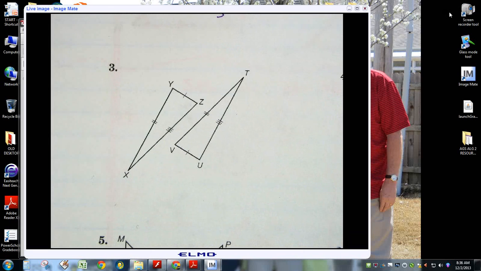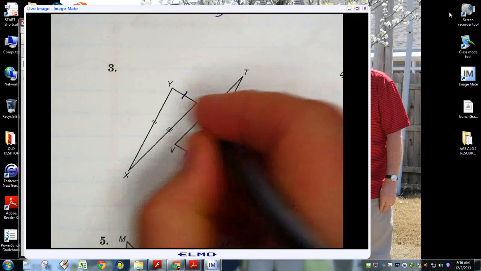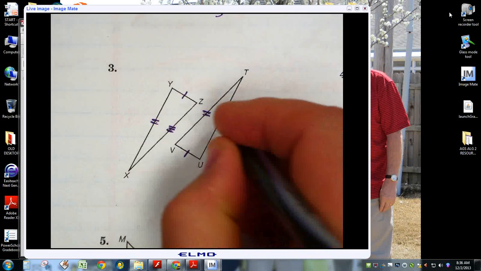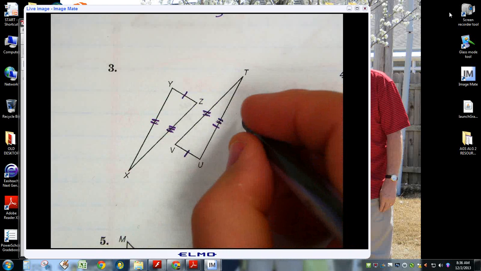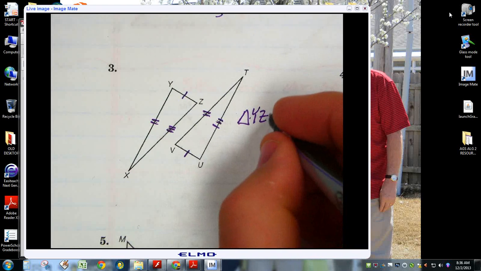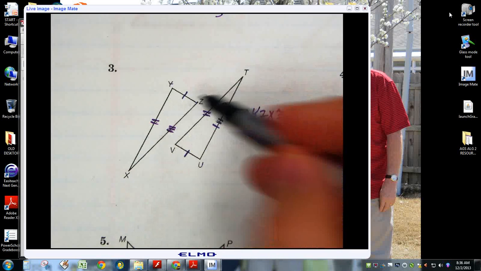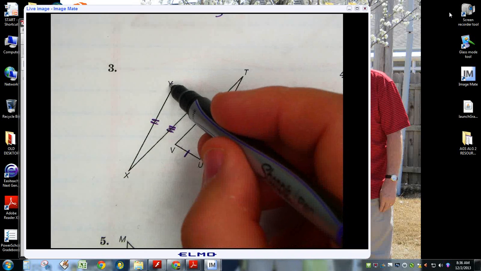Is this one of the easy ones? What do I have here? Side, side, side. Side, side, side's easy to recognize, isn't it? So triangle, now here's the only problem you can get in writing a proper congruency statement. I went from Y to Z. Here's one thing you can do.